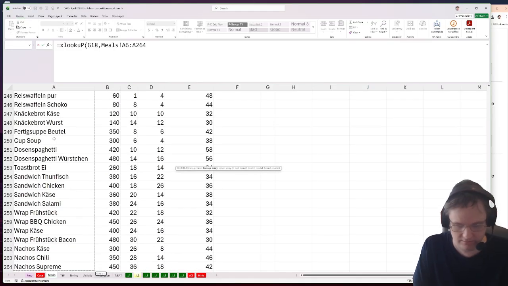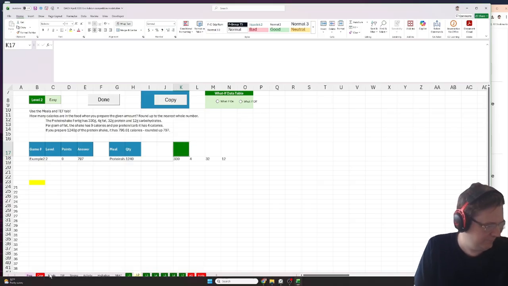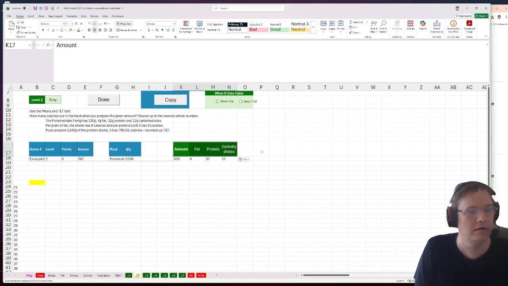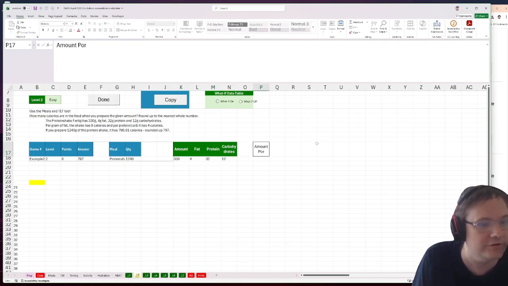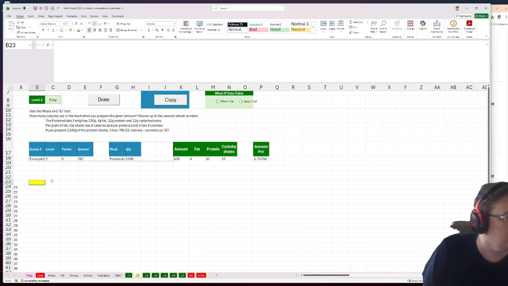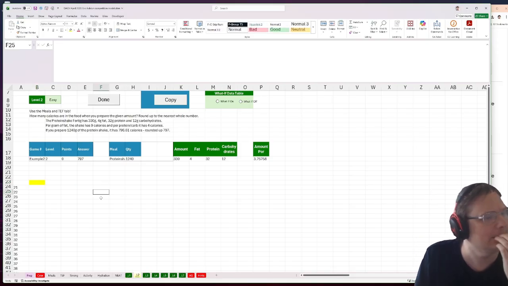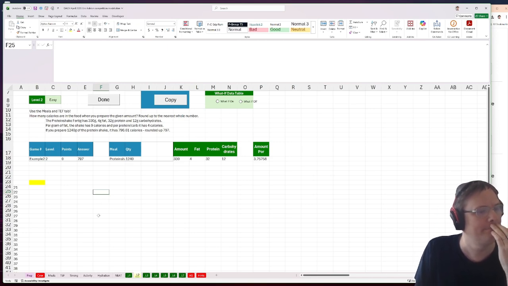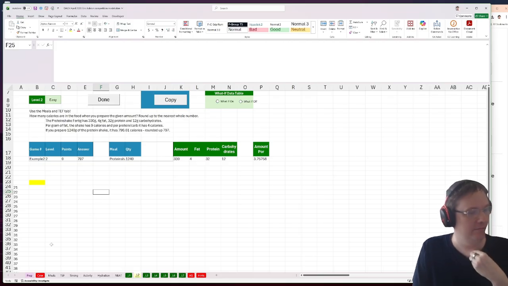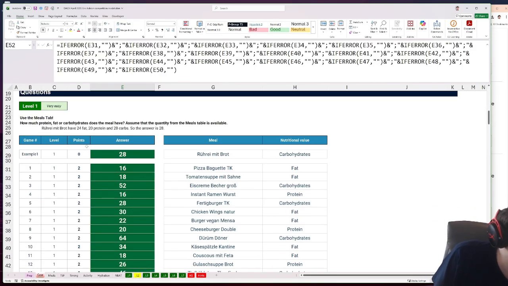All right, so I look up the row and return all of the data, and I'll put in column headings here. So amount proportion is this divided by this, and then how many calories is per gram of fat. Is there a grams per calories?